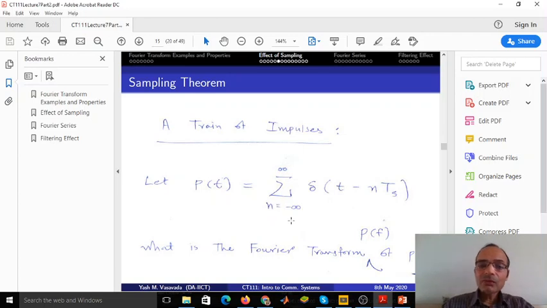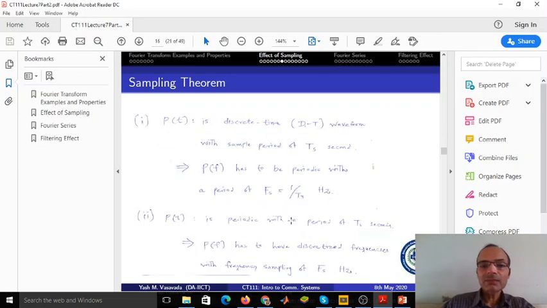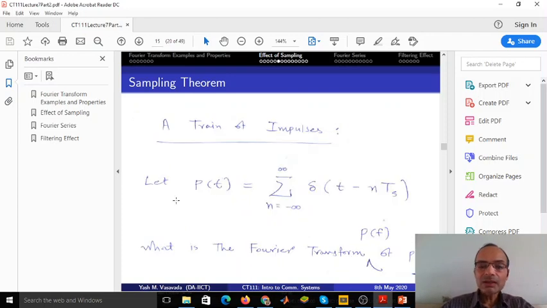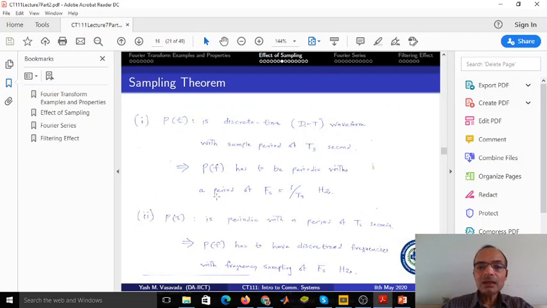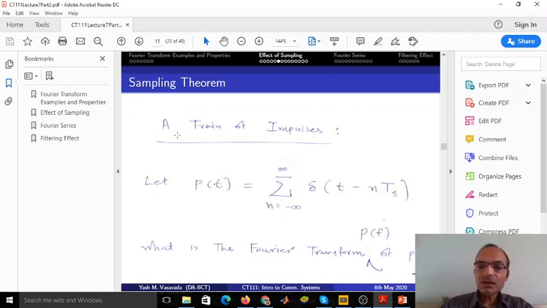Now, what is the Fourier transform of this signal? That is a question that we will now consider. We will think of this train of impulses, this p of t, in two different manners. One is that p of t is discrete time, and that makes sense because p of t is defined only at n times T s seconds, where n is an integer.